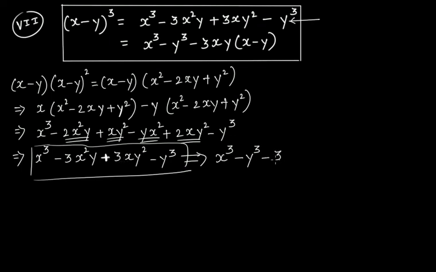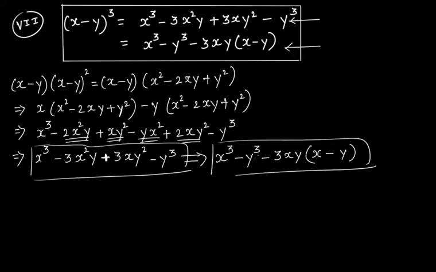If we take minus 3xy as common, then inside you'll have x minus y, using the distributive property of multiplication over subtraction, right? So this is what we have written here. Now if you're getting confused about how we have written this, it's very easy.